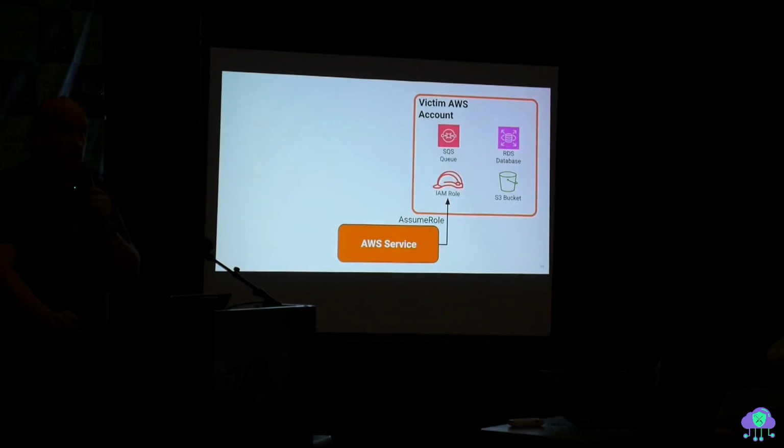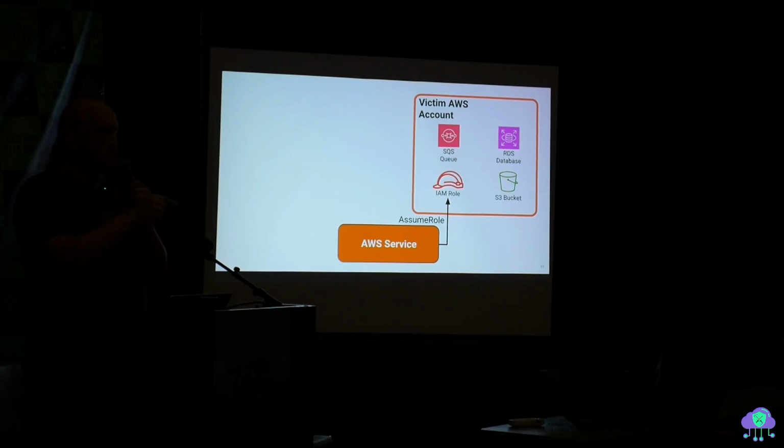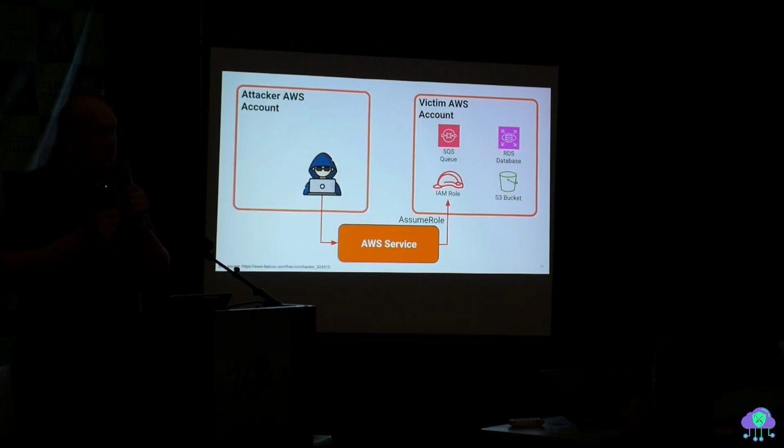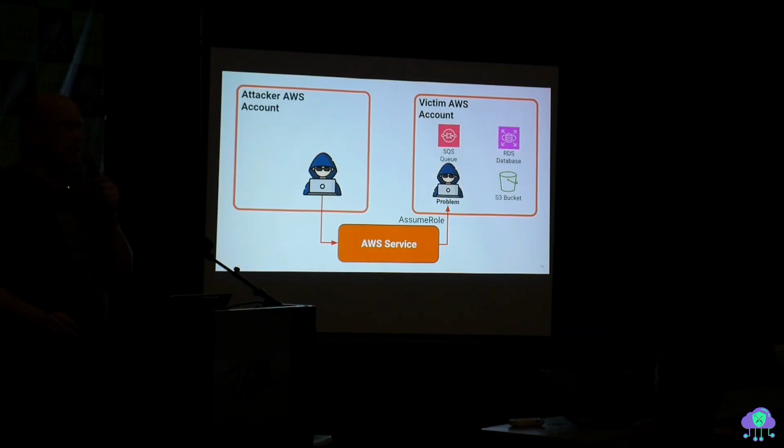Well, a common design pattern within AWS is to have IAM roles in your account that have a trust relationship back to some AWS service. This enables that service to take action and perform functionality in your account.